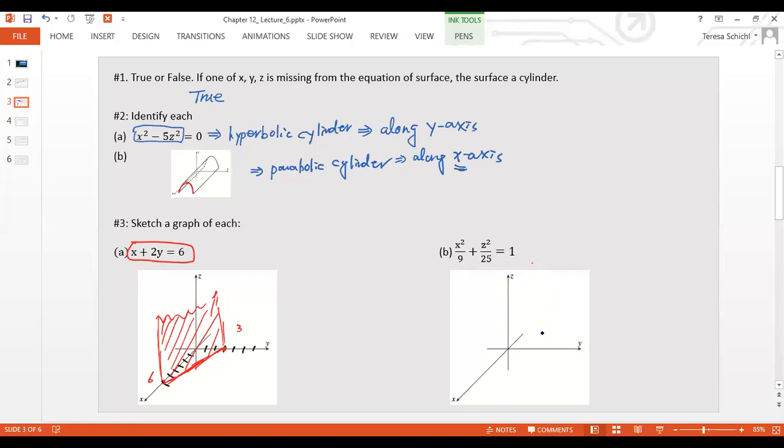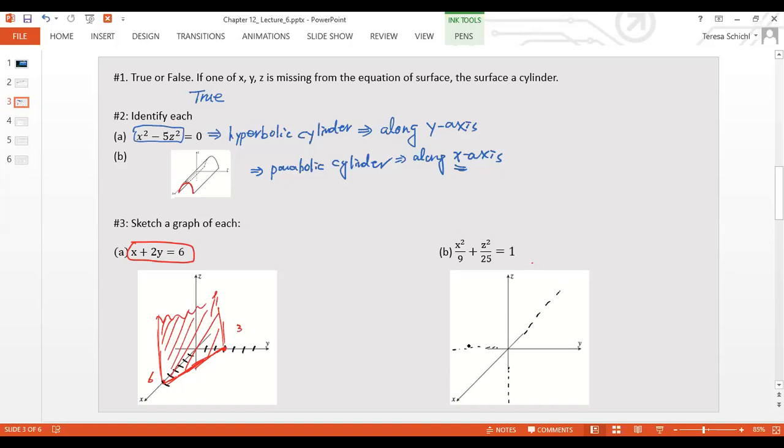Because it's x and z here, it's x squared over 9 and z squared over 25, so it's 3 and 5, right? So I'm going to have an ellipse something like this. Trying to do the 3D is kind of difficult, so let's do it like this.